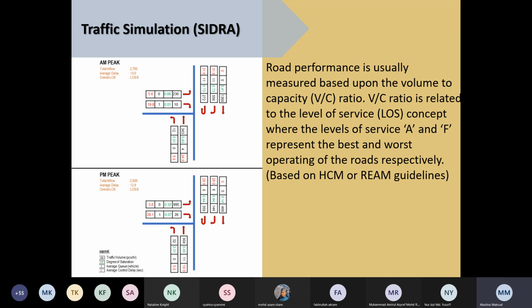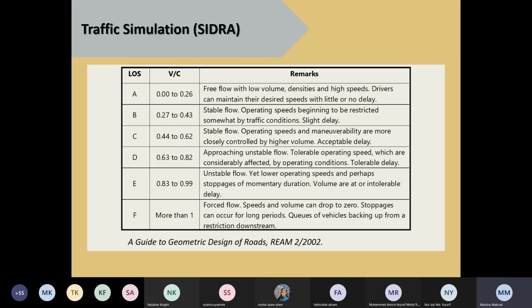So this one, we can refer to the Highway Capacity Manual or the RTM guidelines to identify the volume to capacity ratio for each junction. So this is based on the RTM guidelines.